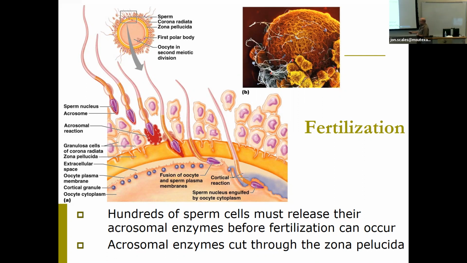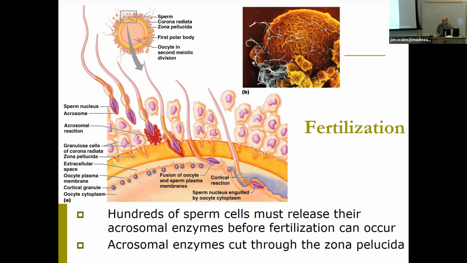The outer membrane of the egg, all underneath it, is loaded with little granules, little vesicles that contain a glycoprotein, much like the glycoprotein that was already there. And when the sperm fuse, those granules release their contents into that space.